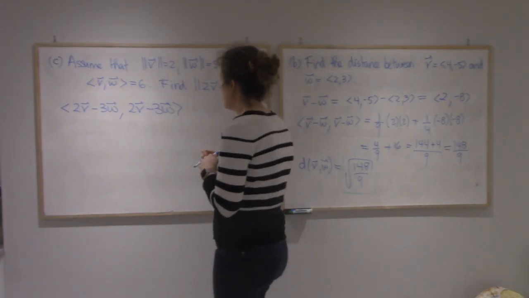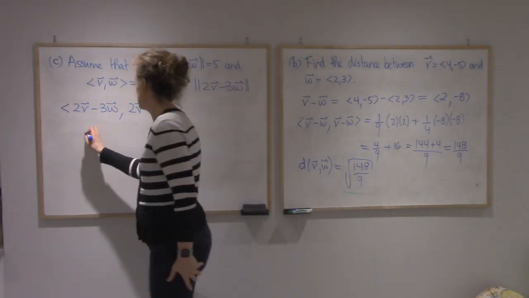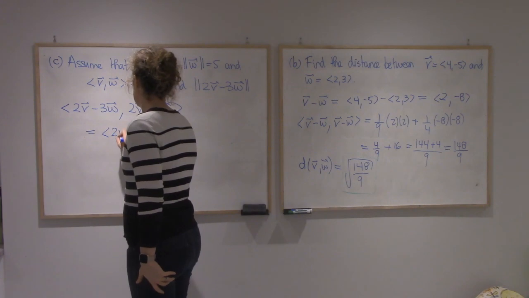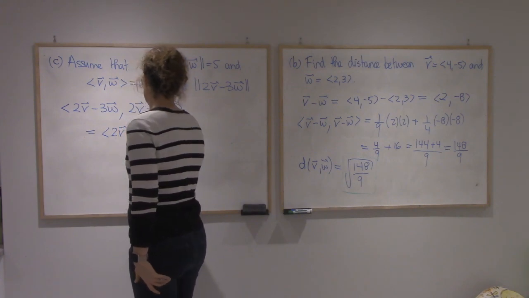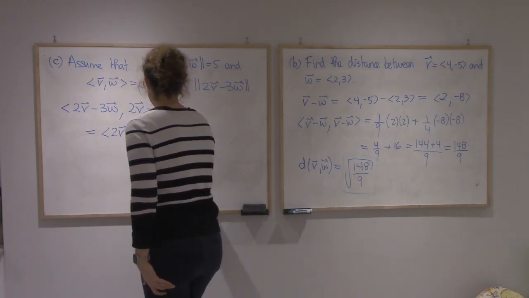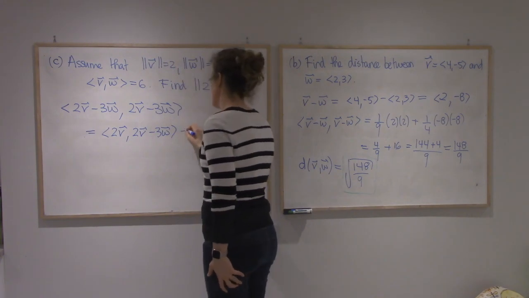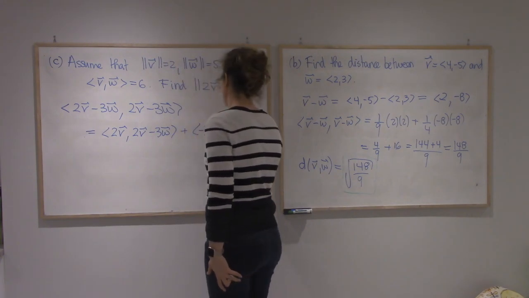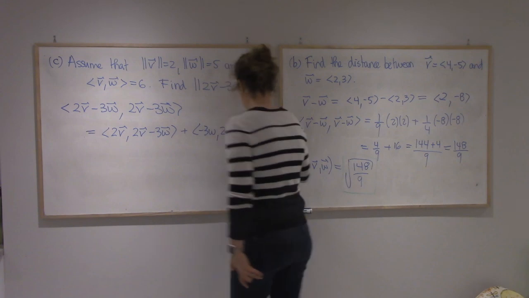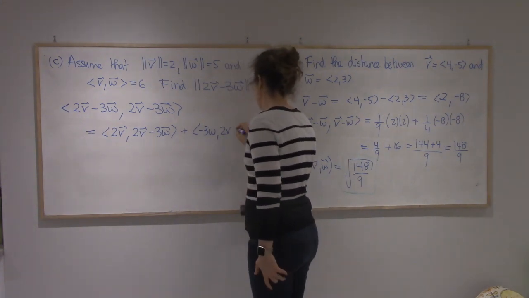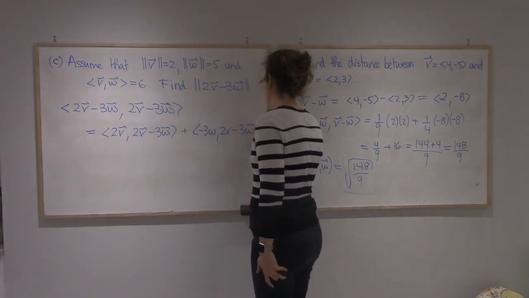So let's see, I can distribute it. So I'll have 2v minus 3w, and I'll have minus 3w, 2v minus 3w.